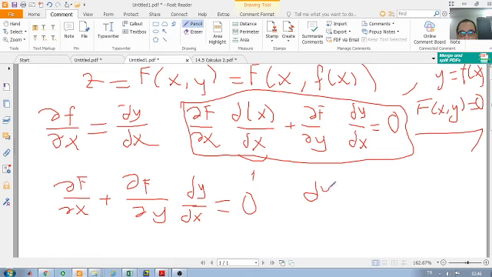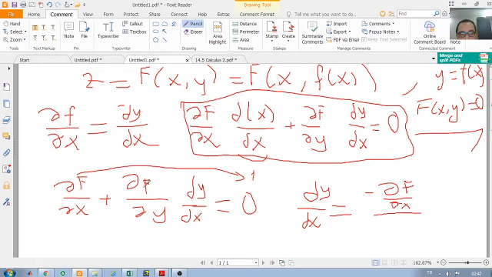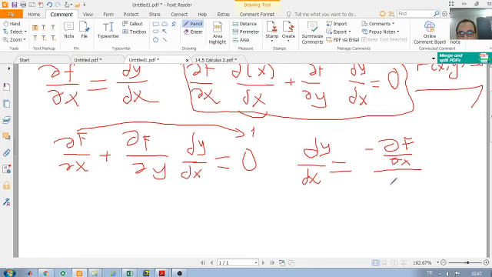And from here we can write dy over dx is equal to, writing this term to the right hand side, minus del F over del x over, we write the coefficient written here in the denominator, del bigger F over del y. And shortly we can write minus bigger Fx, which is the partial derivative of bigger F with respect to x, over bigger Fy.